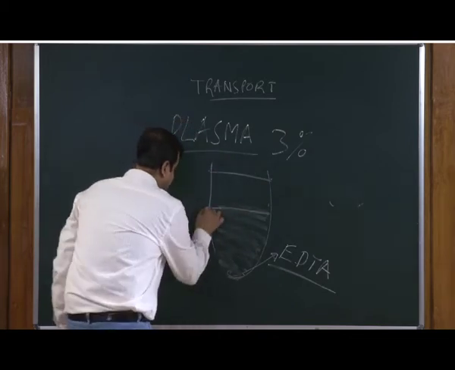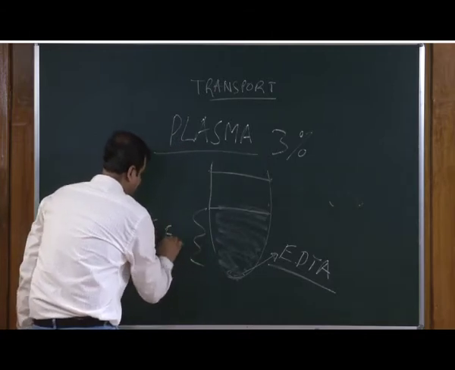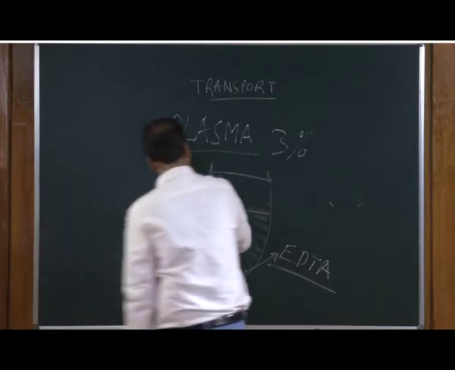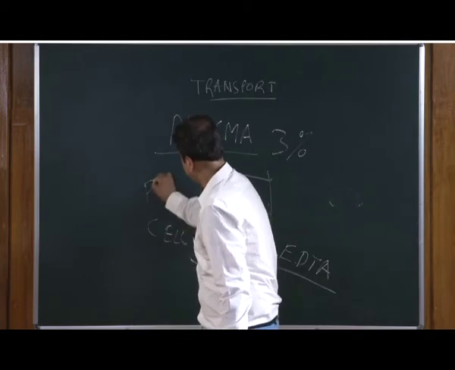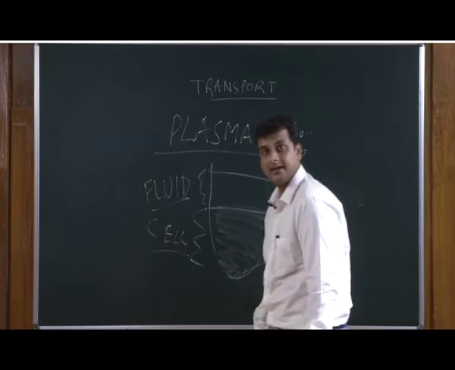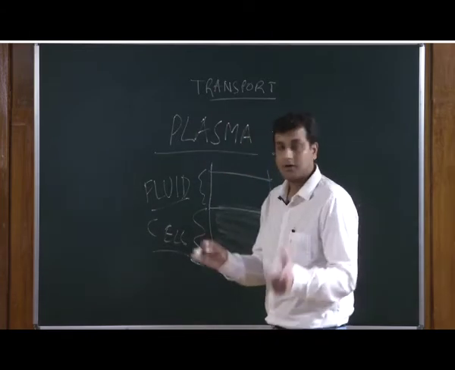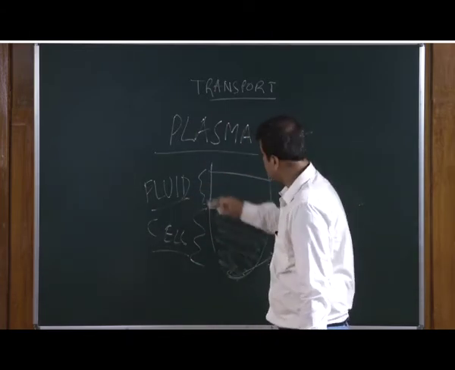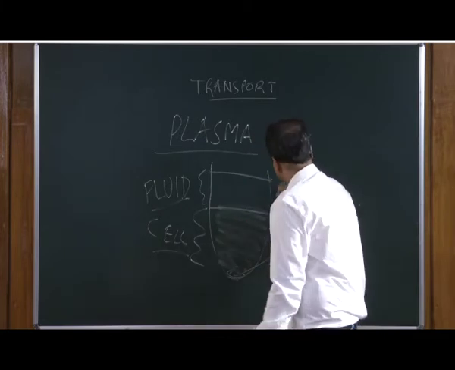So, we will have the cell mass, and then we will have a little bit of the fluid. Now, this fluid and cell part will be segregated out when the blood is not clotting. This fluid part of non-clotted blood is called plasma.